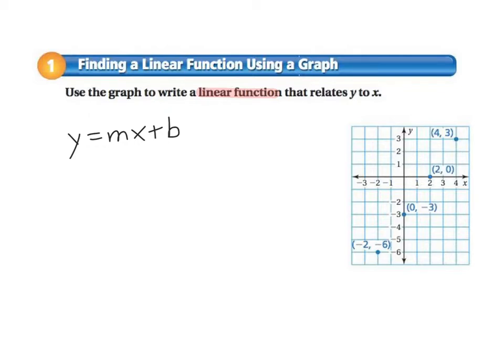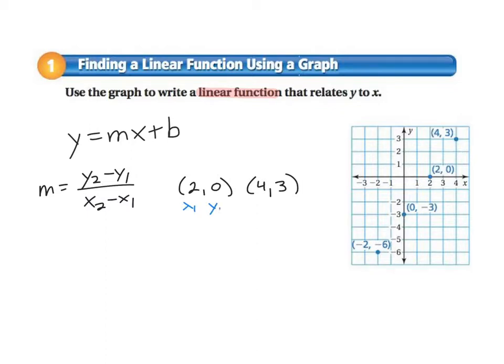One, we could use our slope formula, which is y2 minus y1 over x2 minus x1. So I can pick any 2 points on the graph. So let's say I pick the points (2, 0) and (4, 3). And I can label it x1, y1, x2, y2, and I can do my little substitution.